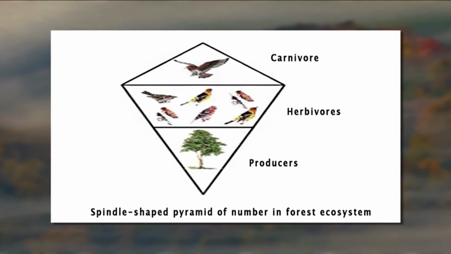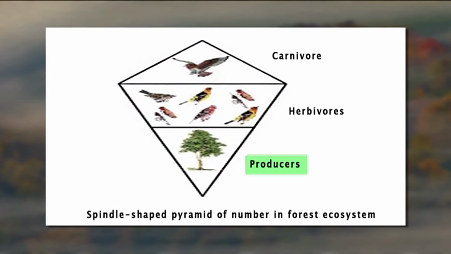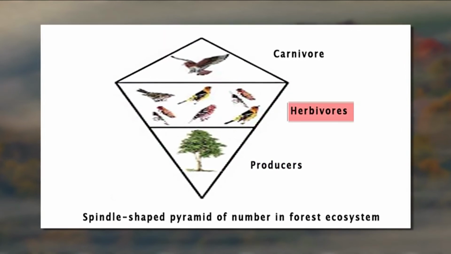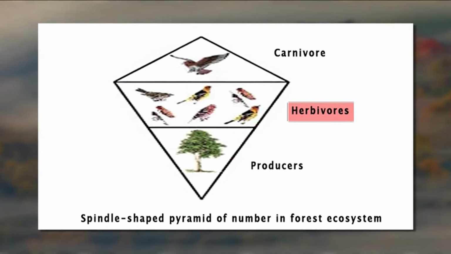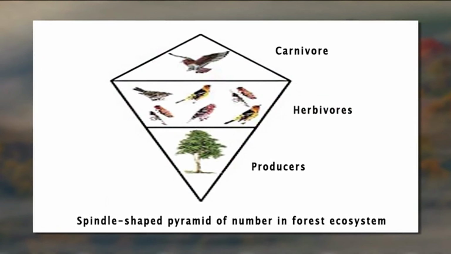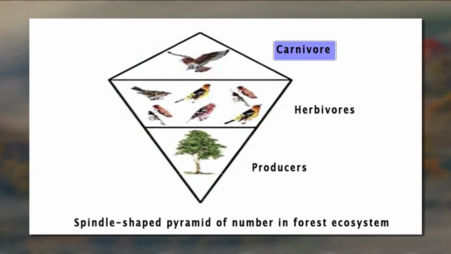In this case, the producers, that is trees, at the base of pyramid are lesser in number. The next trophic level consists of herbivores, which are more in number as compared to producers. The successive carnivores and finally top carnivore gradually decrease in number.